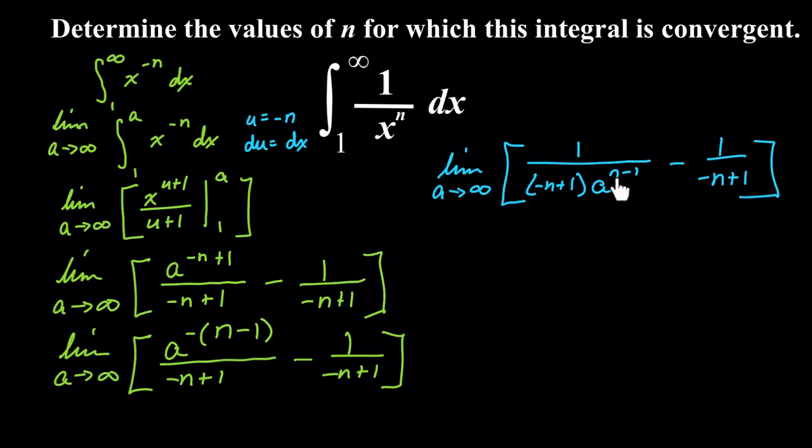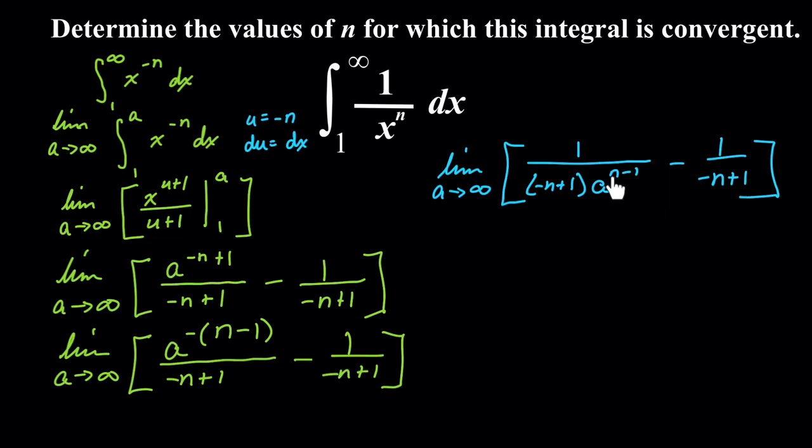So repeat that. If n is larger than 1, the exponent will be positive, and as A gets bigger, your denominator gets bigger, which means this fraction approaches 0, and your problem will converge to this right here.